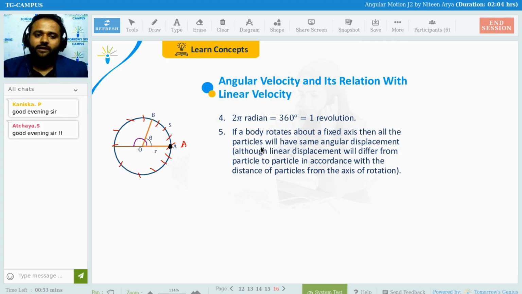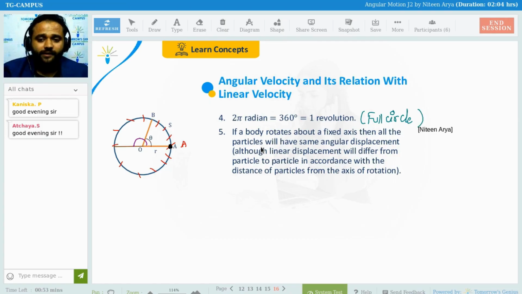So either you can say one revolution, one full circle, or complete circle, or coming back to the initial point.